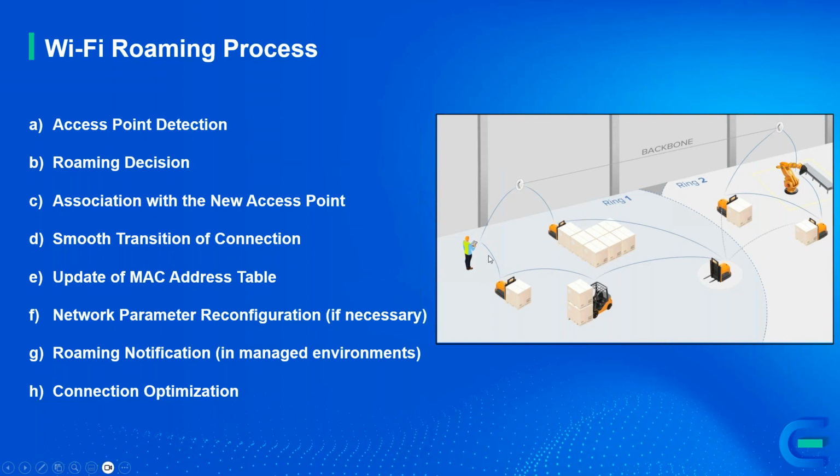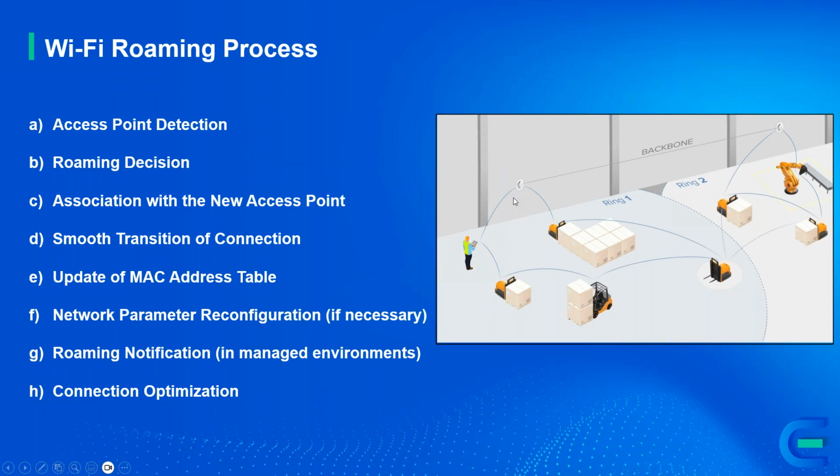What occurs in the back end is a smooth transition of the connection, so the packets are not going to be lost, and the connection is going to be established and kept over there. Then after the connection is swapped from access point A to access point B, a process that we call the update of the MAC address table happens. Let's say there is a MAC address table association from access point A to the device originally.